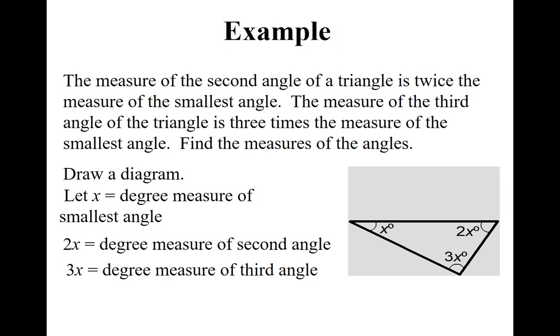Since we want to find the measures of the angles, there is one missing piece of information that we should all know as math students, and that is that inside any triangle, we have 180 degrees. It can be split up any number of ways, but the sum of all the measures of all the angles inside the triangle, of all 3 added together, is always 180.